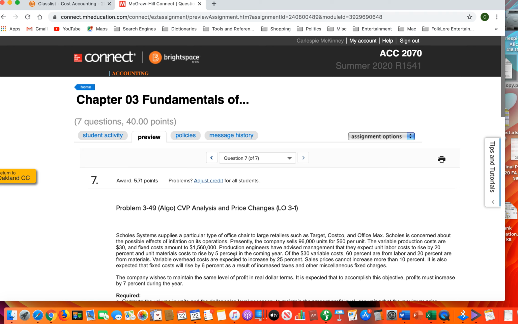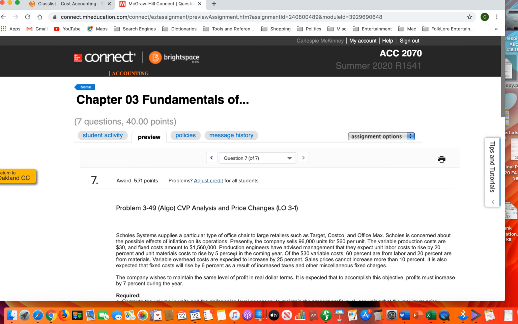So 6 times 1.05 will give you $6.30. So now, let's recap. Labor is going to increase from $18 to $21.60. Material is going to increase from $6 to $6.30. And overhead is going to increase from $6 to $7.50. So altogether, variable costs are going to increase from $30 per unit to $35.40 per unit.